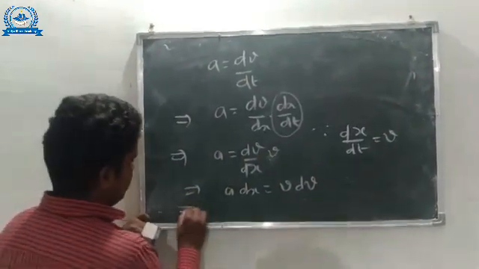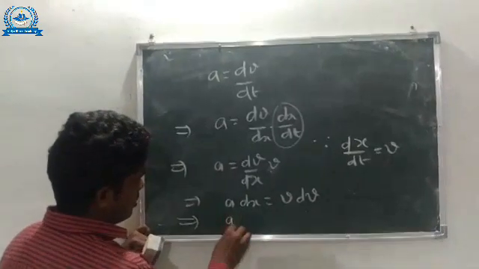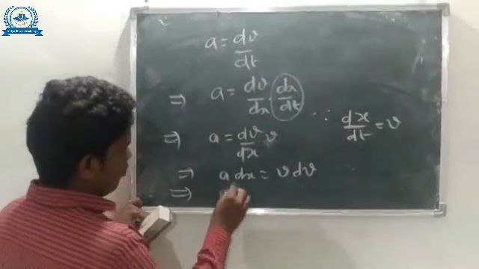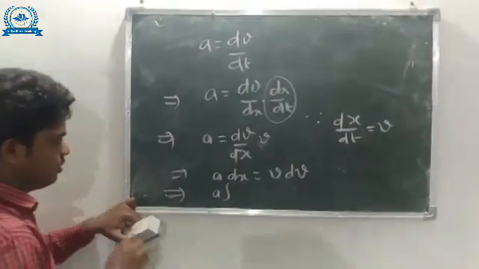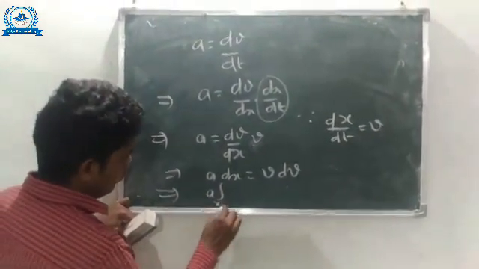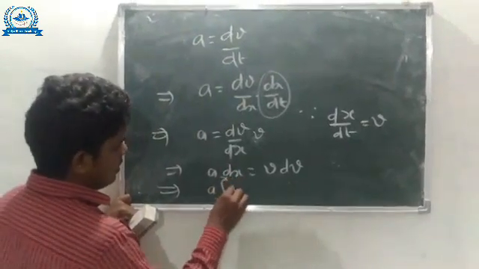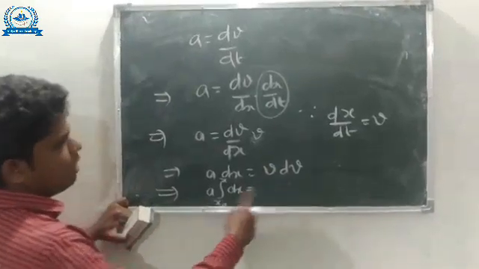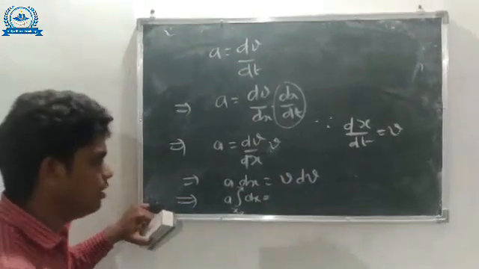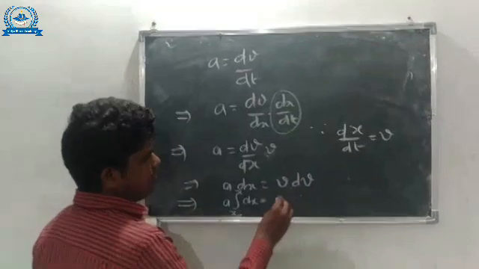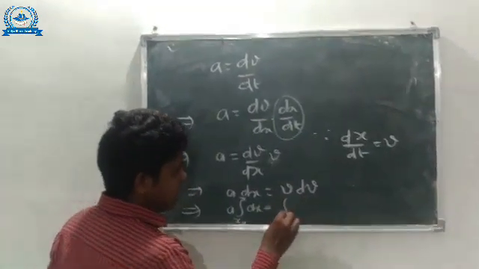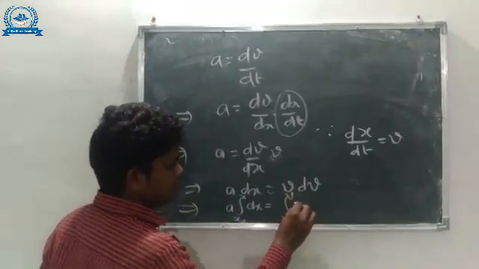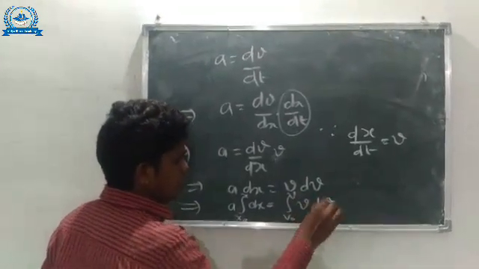Now integrating both sides, you will see that since acceleration is a constant, this will come out as common, and the lower limit is x0, upper limit is x. Just similar to what we did in the previous step. So this will be integrated with lower limit v0 and upper limit v, and put this dv.